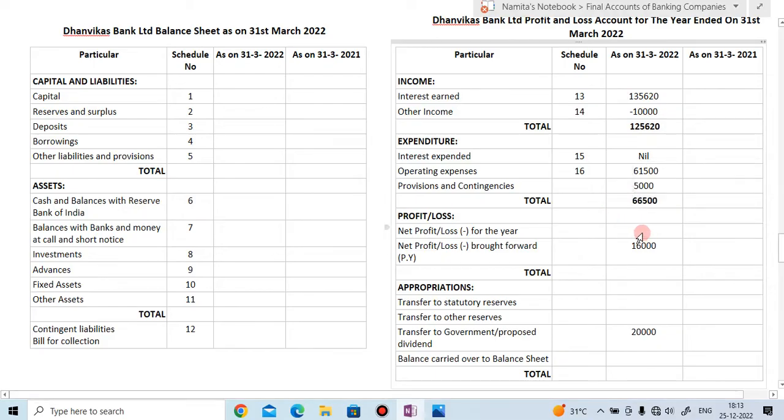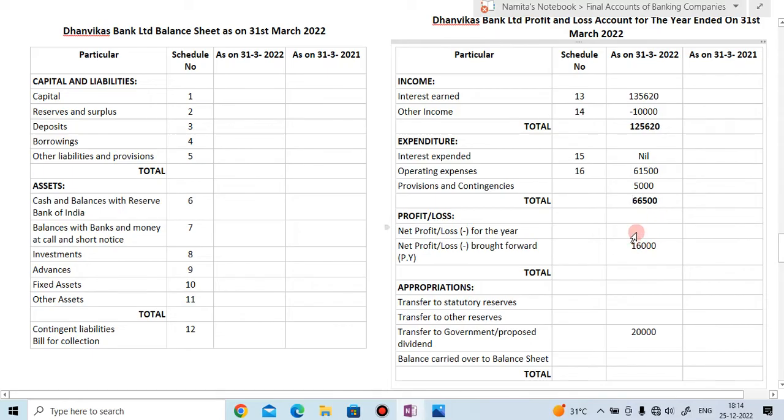Now how to find the net profit or net loss? Now see, here income is more than expenditure, that means there is a profit, and if expenditure is more than income, then it is a loss. So here income is more than expenditure, so minus 1,25,620 with 66,500.